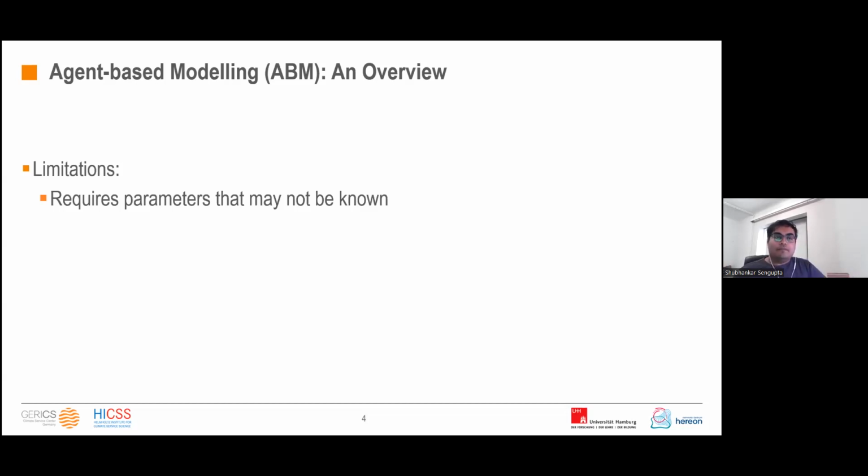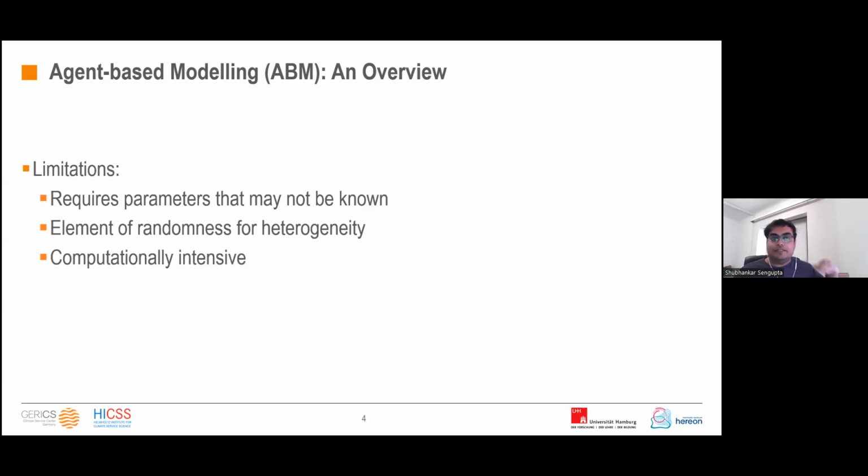So this is because parameters are modeled at an individual level. So what usually happens is parameters are given random values in a prescribed range to simulate the heterogeneity of the system. This also leads to another limitation, which is that due to their disaggregated nature, ABMs are more computationally intensive than the equivalent counterparts in an aggregated approach.